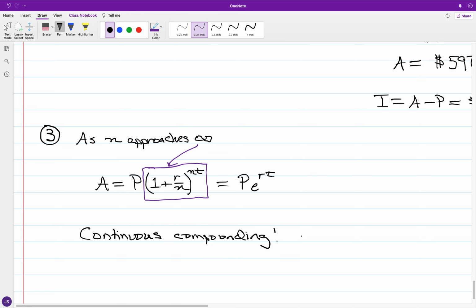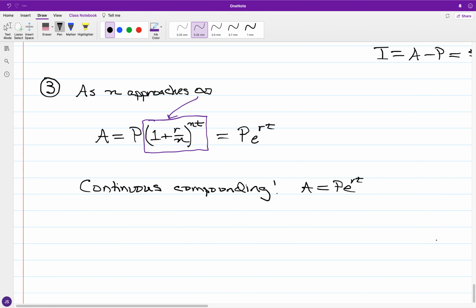Again, with this formula, we have A equal to P times e raised to the r times t.